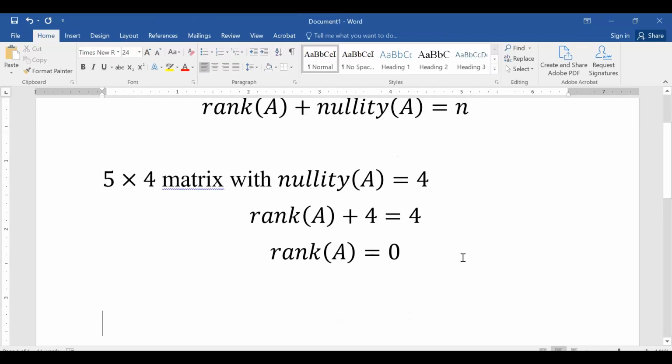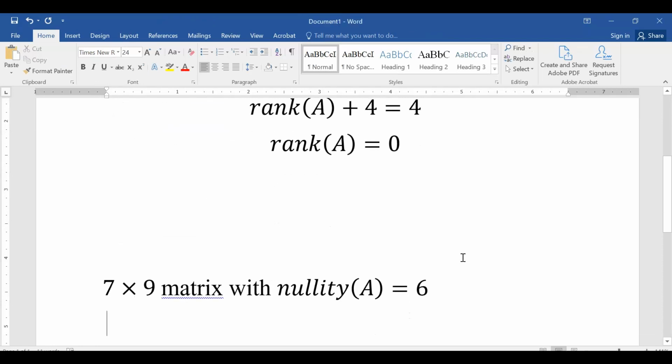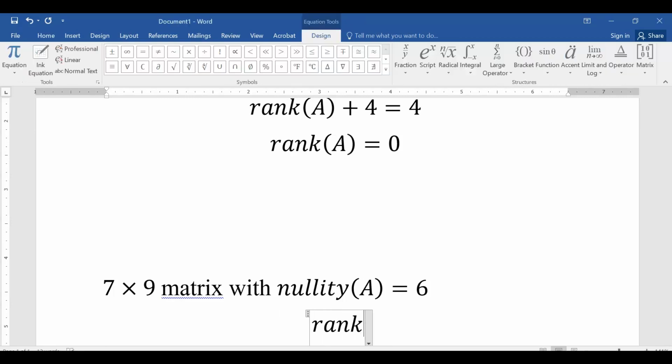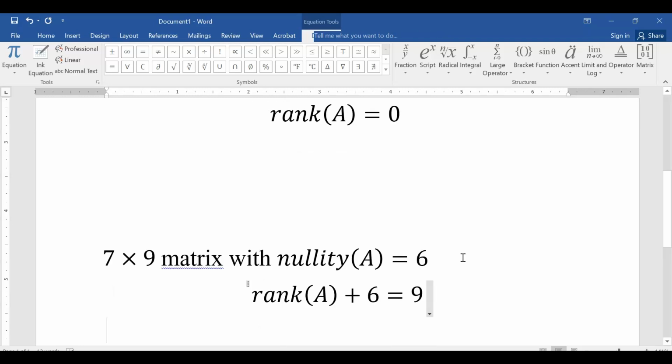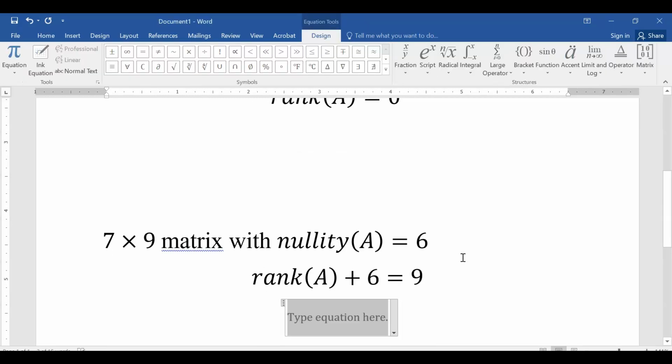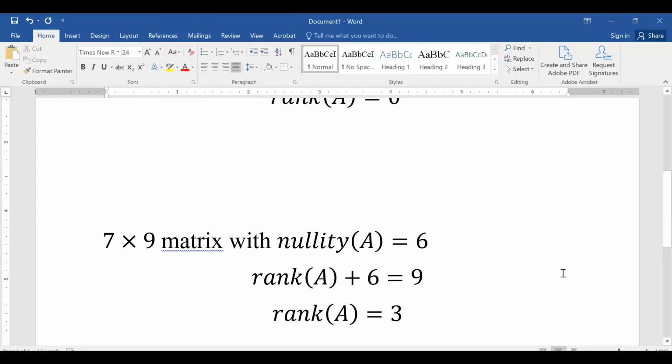Now with the other situation, we have a 7 by 9 matrix, and the nullity is 6. So we have the rank of our matrix plus the nullity, which we know is 6, has to be the number of columns. So the rank of A has to be 3. All right, so there you go.